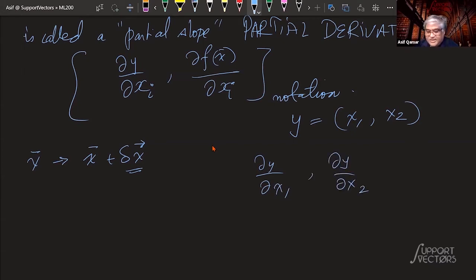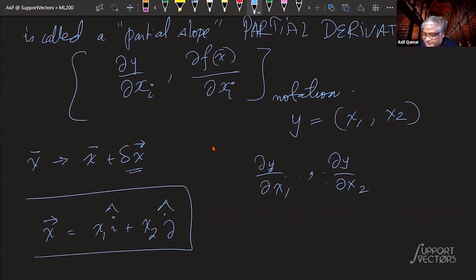Both of these you can write, so there are two components here. If you treat these two components as components of a vector, now here's a magical thing you can do, and you'll see why. x is a vector, x is equal to x1 i plus x2 j. This is how you write a vector.